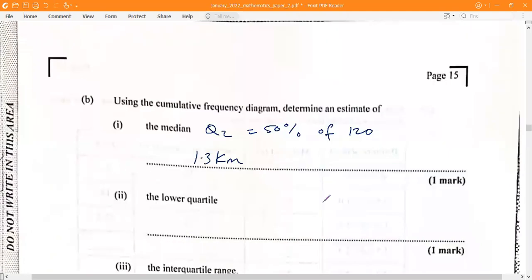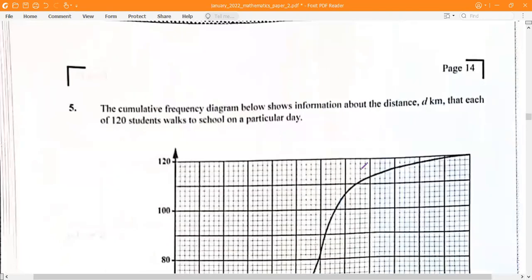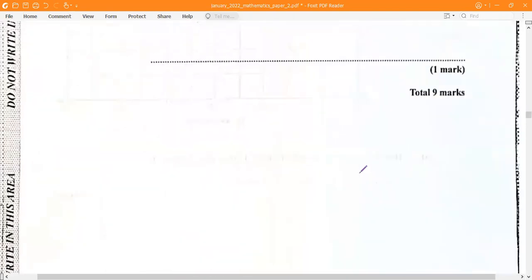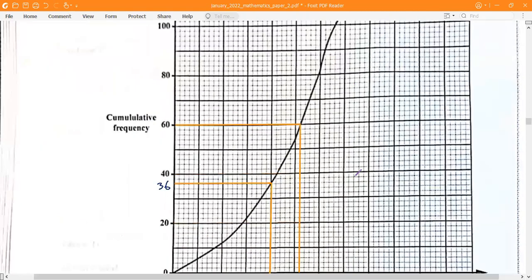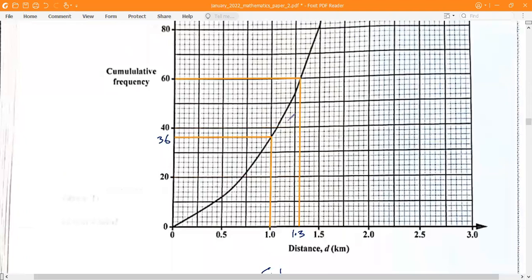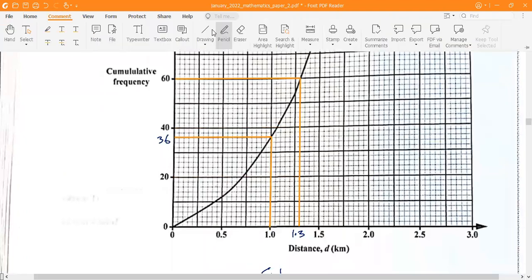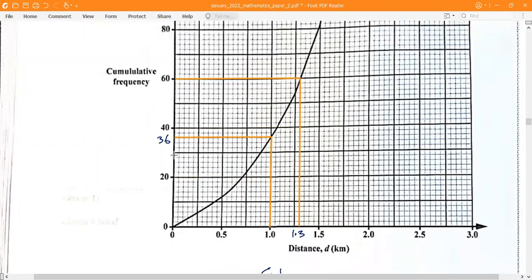The lower quartile is called Q1, and it occurs at 25% of the cumulative frequency. So 1/4 of 120 is 30. We look for 30 and draw a line from 30 going across until we meet the graph.